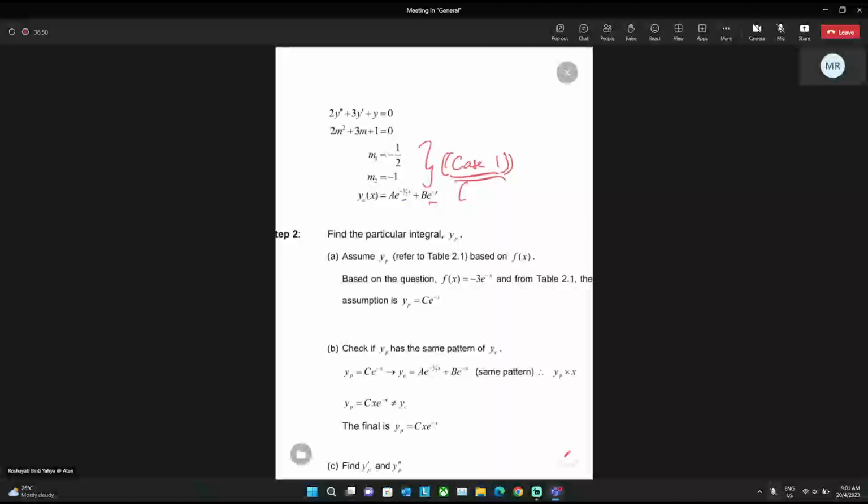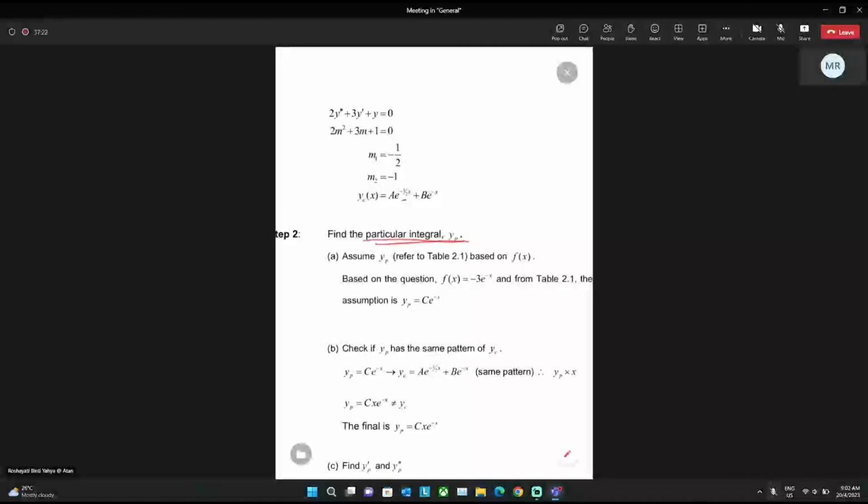So your y(x) becomes yc, the complementary function. And then you need to find the particular integral yp. yc is complementary, yp is the particular integral.